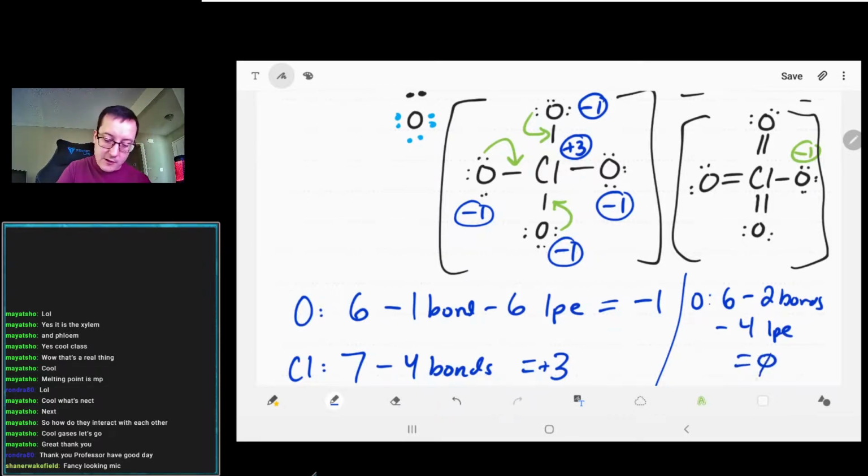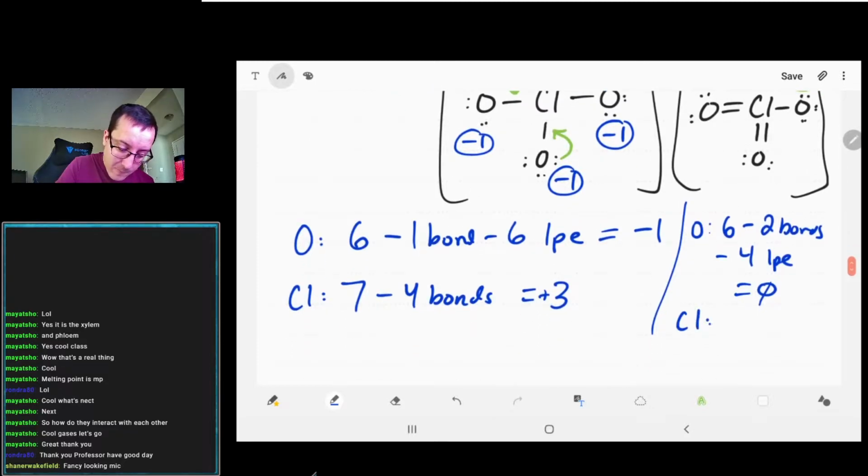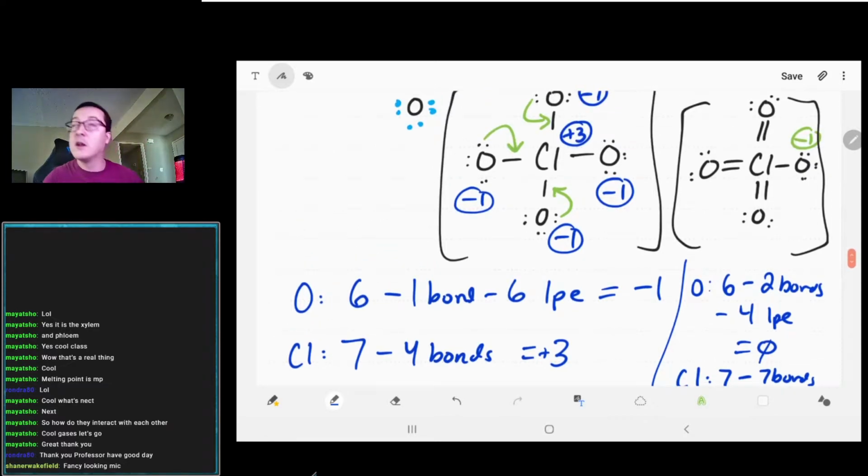So the oxygens that have the double bonds are great. They're happy. No charge on those. And now our chlorine is going to have 7 minus 7 bonds equals 0. So that chlorine is also happy.